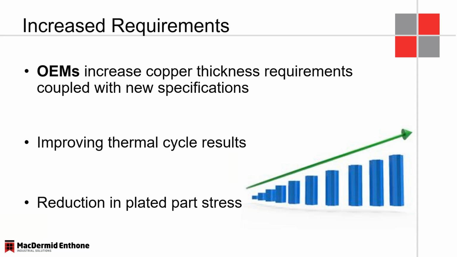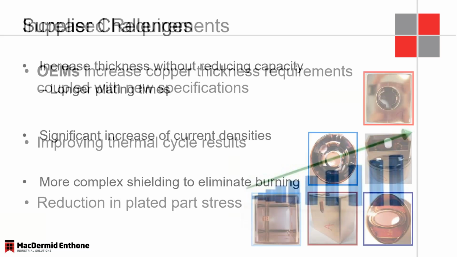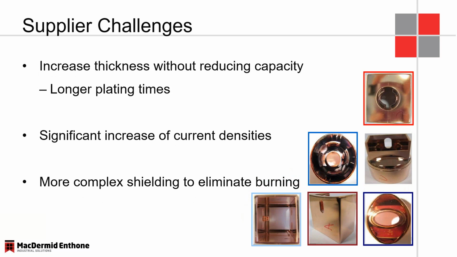So we're requiring more thermal cycle results, more cycles to be completed without failure. The OEMs are also requiring a reduction in the stress of these plated parts. So how do we accomplish this within our plated layers? And what challenges do those requirements represent to the applicator, to the supplier?